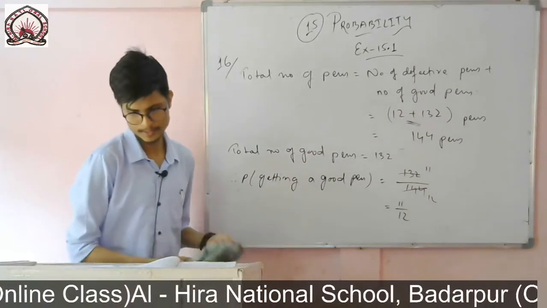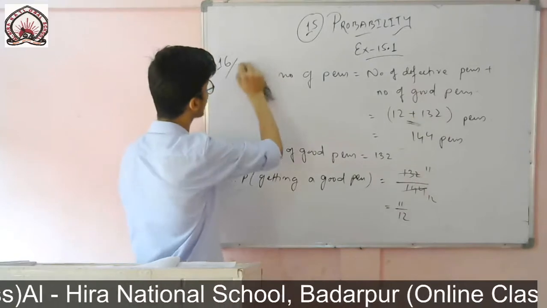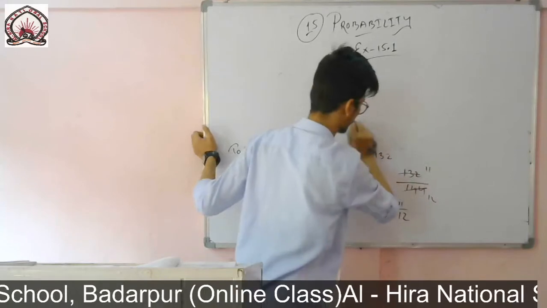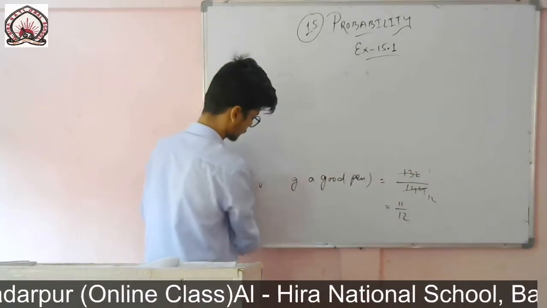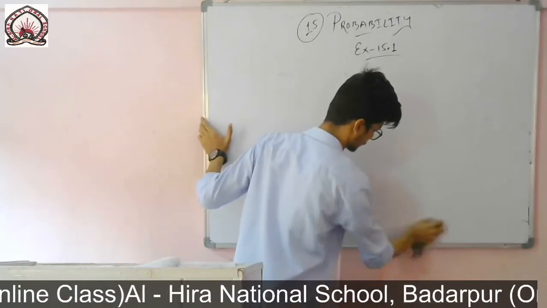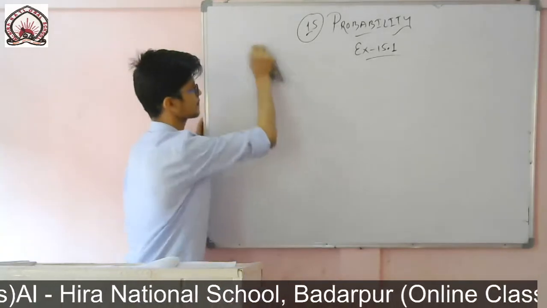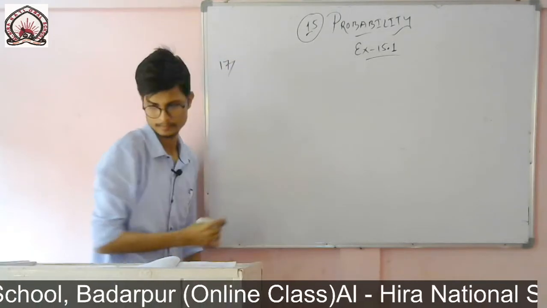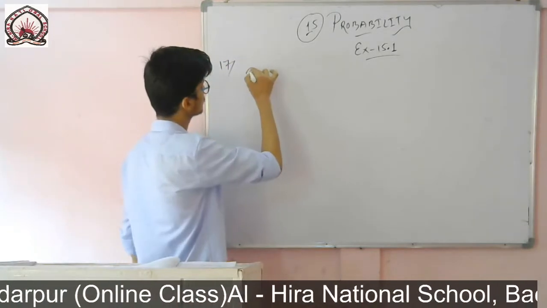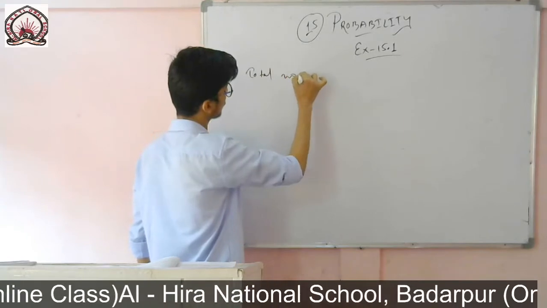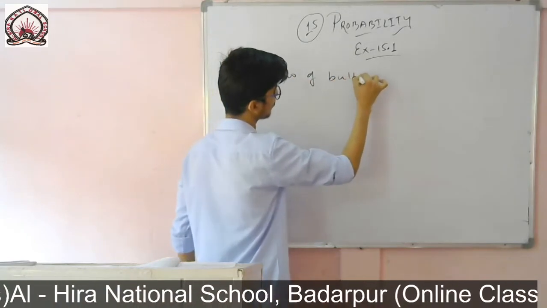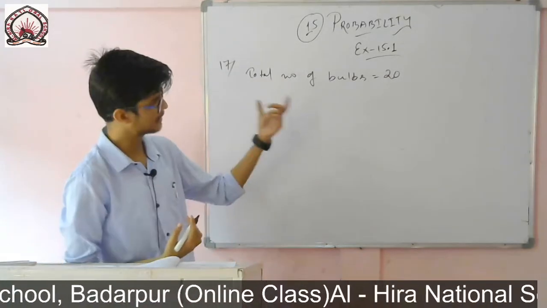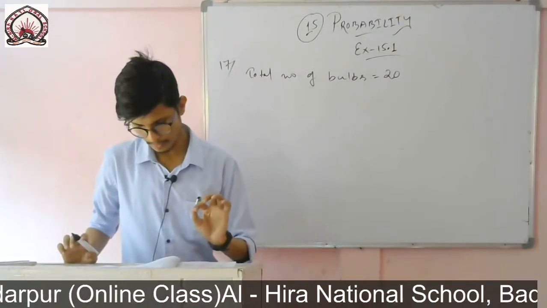It is given here as 20. The total number of bulbs is 20, and out of these 20 bulbs 4 are defective.